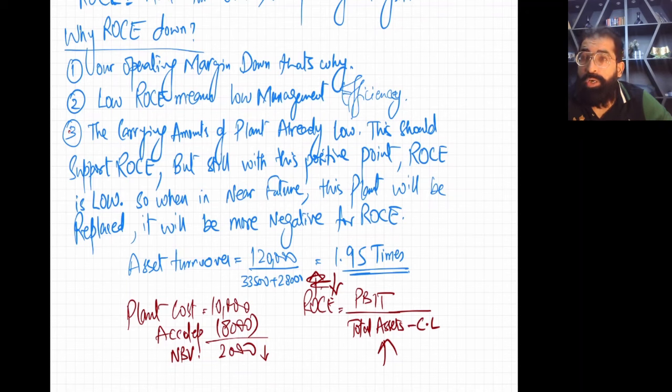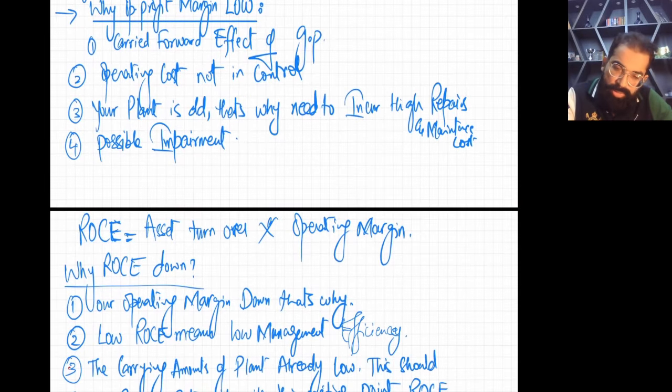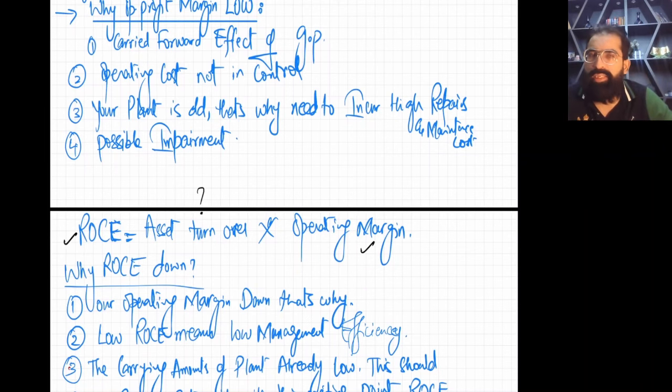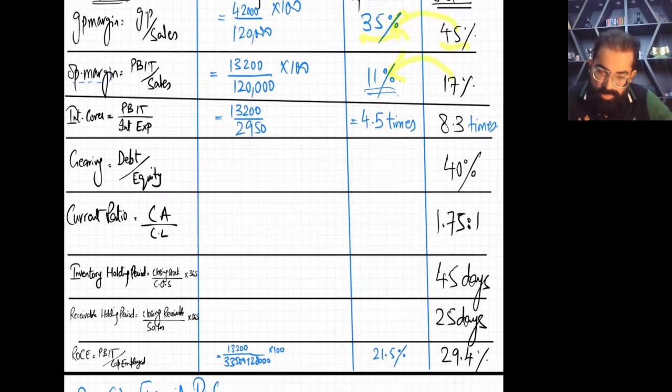And if you want to calculate the asset turnover of the industry, there is a shortcut. For the industry, ROCE is given and operating margin is given, so we can calculate the balancing asset turnover easily. Come on, use your calculator. Operating margin is 17 and the ROCE is 29.4.